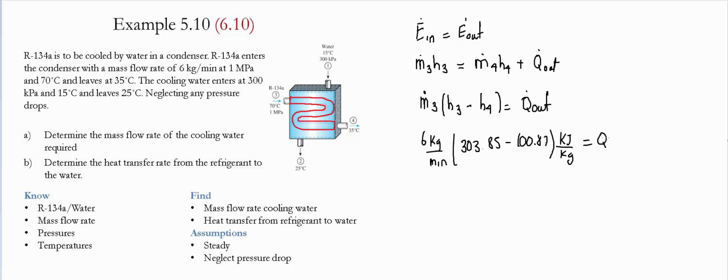If we multiply these values, this is going to give us 1217.8 kilojoules per minute.